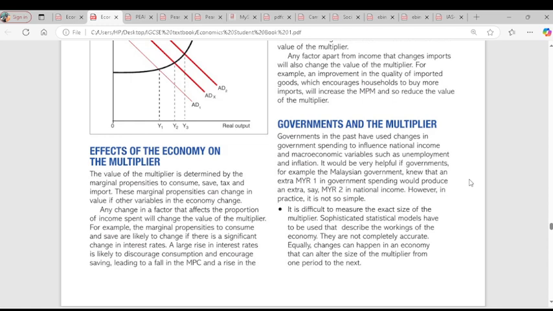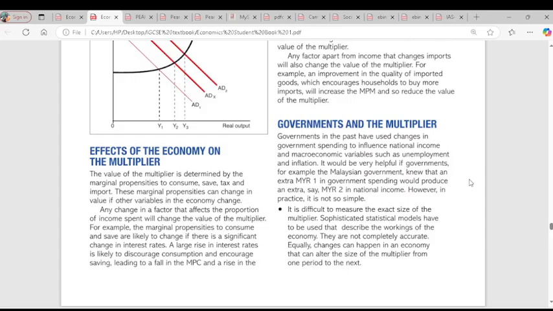But that goes to government, which is part of what? Withdrawals or leakages, right? So that will bring about a fall in the multiplier. Meanwhile, a fall in taxes will increase injection, reduce withdrawals, and that will bring about a rise in the multiplier effect. Is it clear? Any question about that, please?